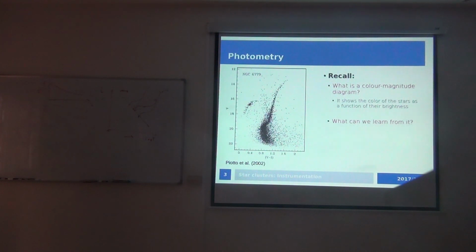Nobody? Nobody except for the lecturers? Again, please. Your question? So basically, I'm dealing now with the second question down here. What can we learn from this type of diagram about a star cluster?